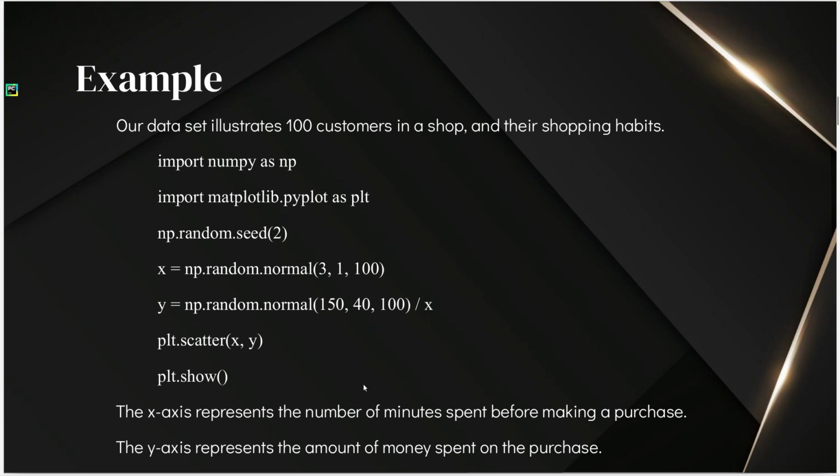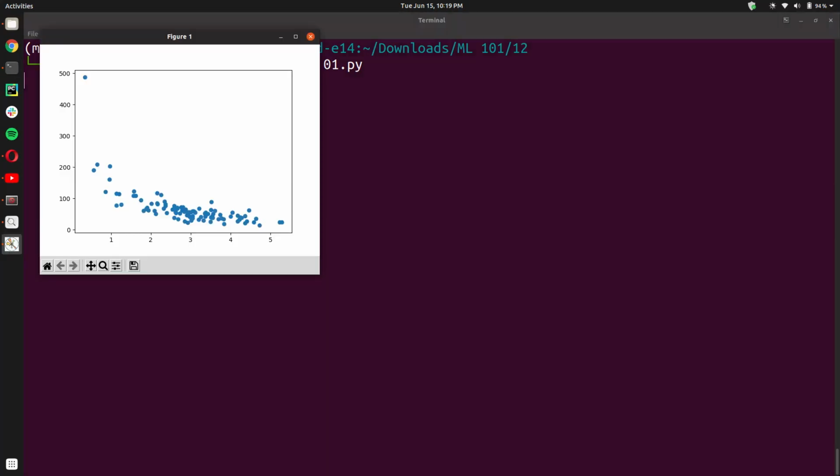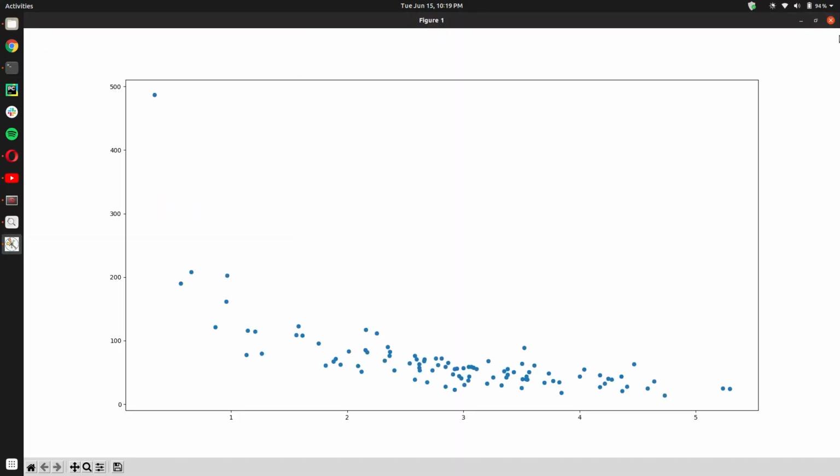Now the x-axis represents the minutes spent before making a purchase, and the y-axis represents the amount of money that the customer spent on the purchase. Okay, so you see we get a scatter plot like this.